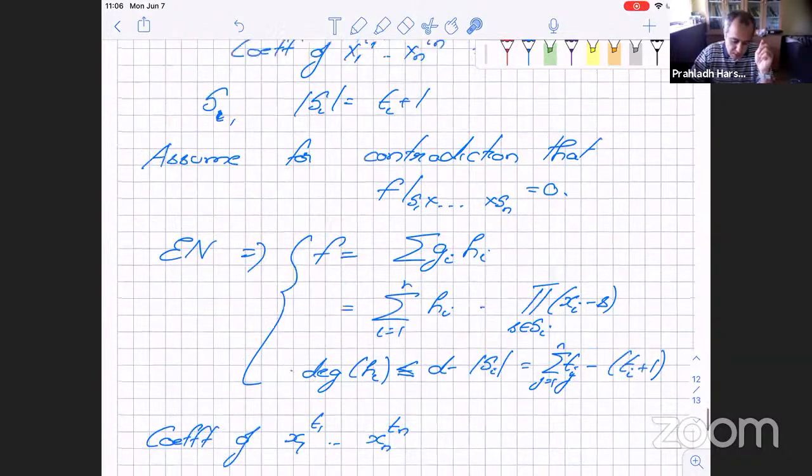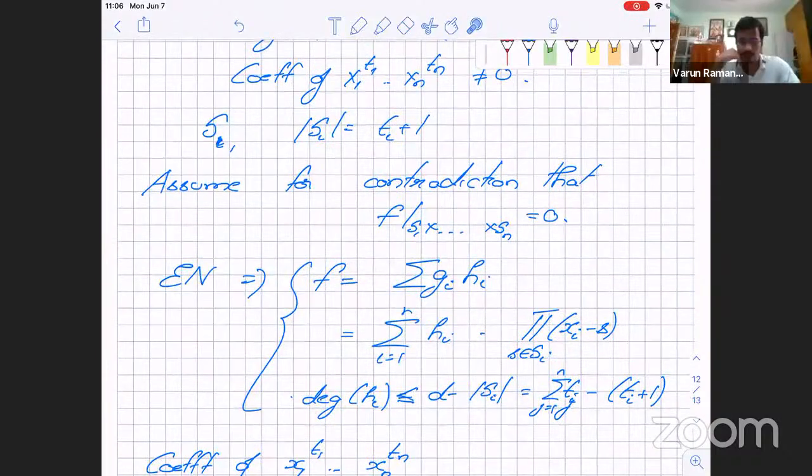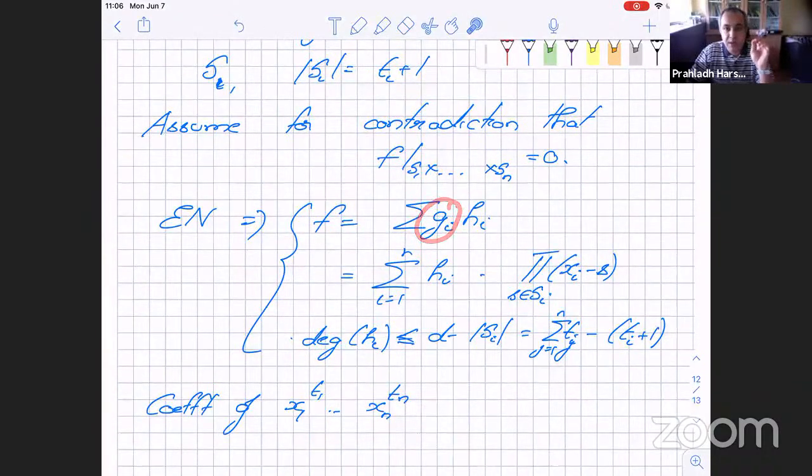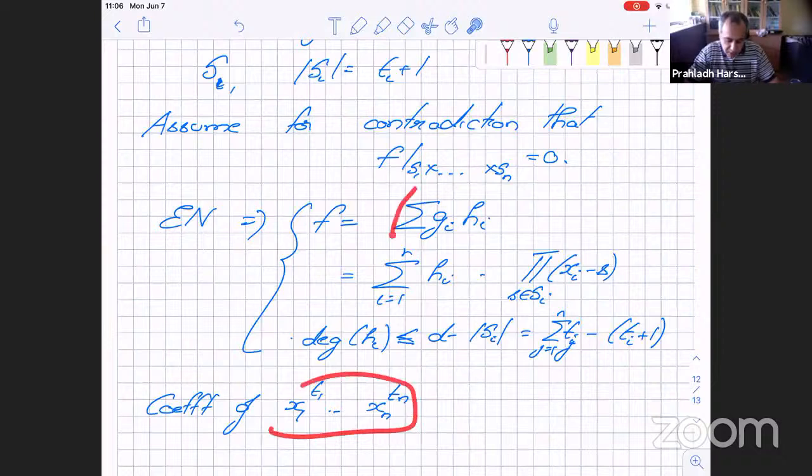Recall gi has degree the size of Si, which is ti plus 1. So it's xi to the power ti plus 1. So if you pick the largest term from here, it's going to have xi to the power ti plus 1. Therefore, certainly it cannot generate this term. So none of the terms in the summation can ever generate this monomial. Therefore, the coefficient of this term on the right-hand side is 0. There is no term on the right-hand side that can generate it. But on the left-hand side, you're saying the coefficient is non-zero. This is a contradiction. So the easy Nullstellensatz immediately tells you that such a thing cannot happen.